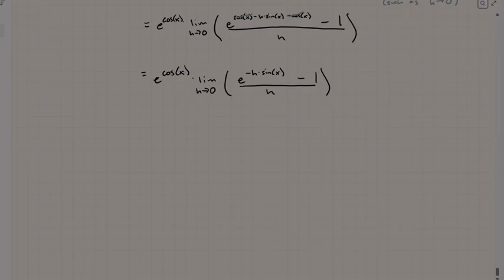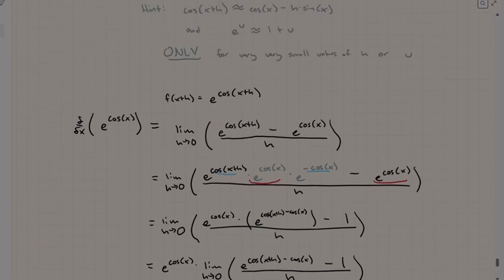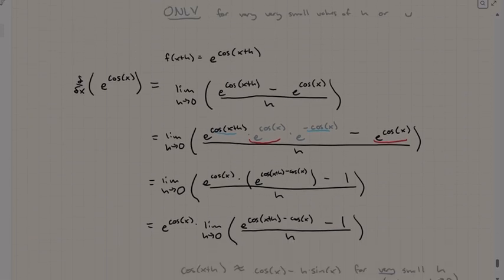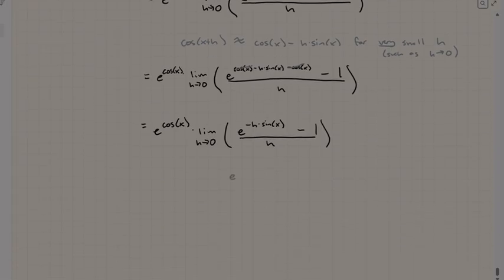And so then we had this other hint that e to the power of u is basically the same as 1 plus u for very small u. And so in order to make sense of this kind of more crazy exponent, we can just define u as negative h times the sine of x.